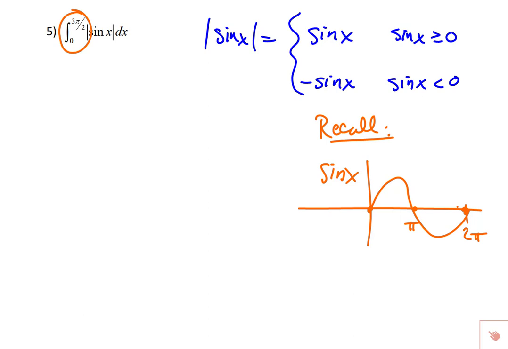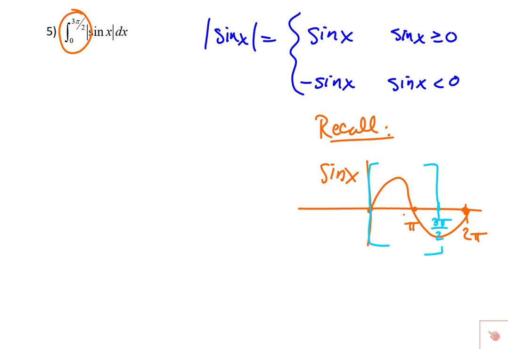Now, if we're only going from 0 to 3 pi over 2, let's understand what that means for this function. If I were to mark off 3 pi over 2, of course, it would be between pi and 2 pi. So we're really only looking from 0 to 3 pi over 2 ultimately for this whole integral. But notice that the sine function is both positive and negative in that space. So if we go back to where we've defined this piecewise, one of our pieces was defined for where sine of x is greater than or equal to 0.